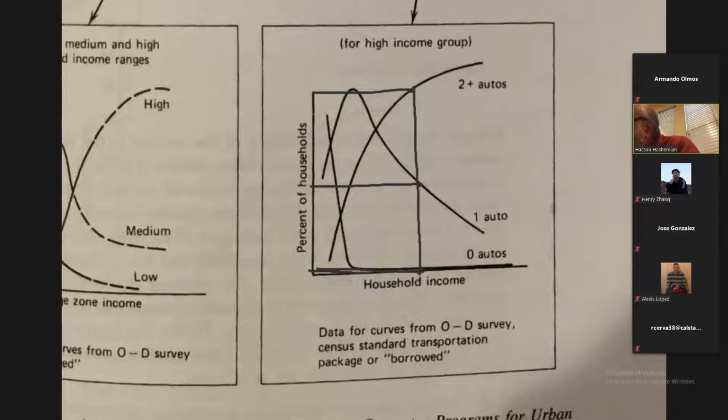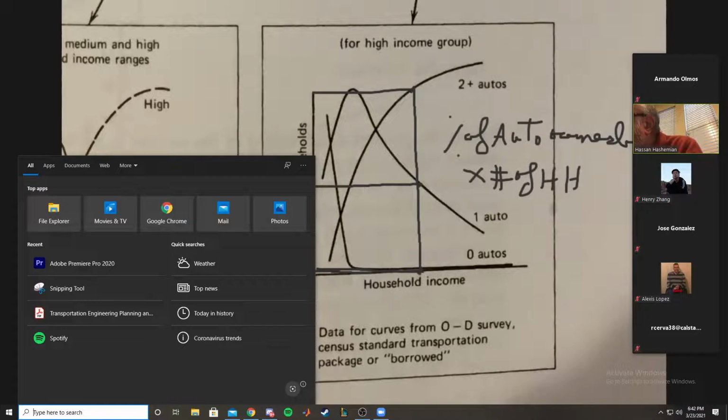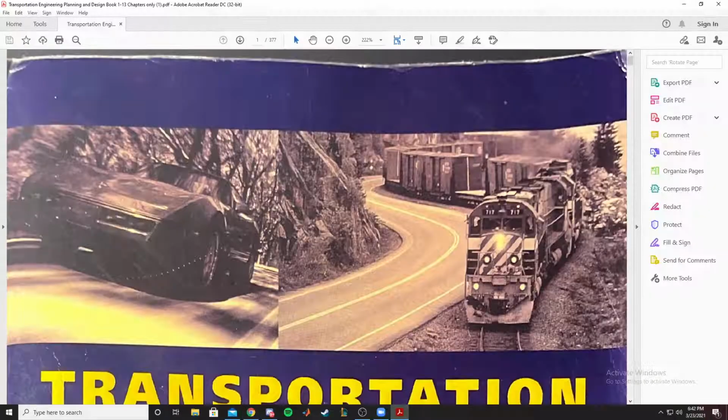If you have a percentage of auto ownership, and you multiply this by the number of households, you can figure out the number of auto ownership in that group.